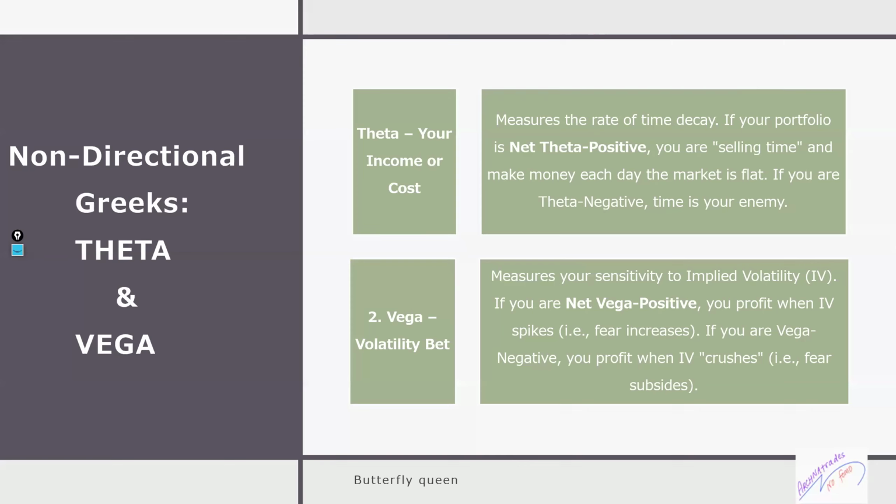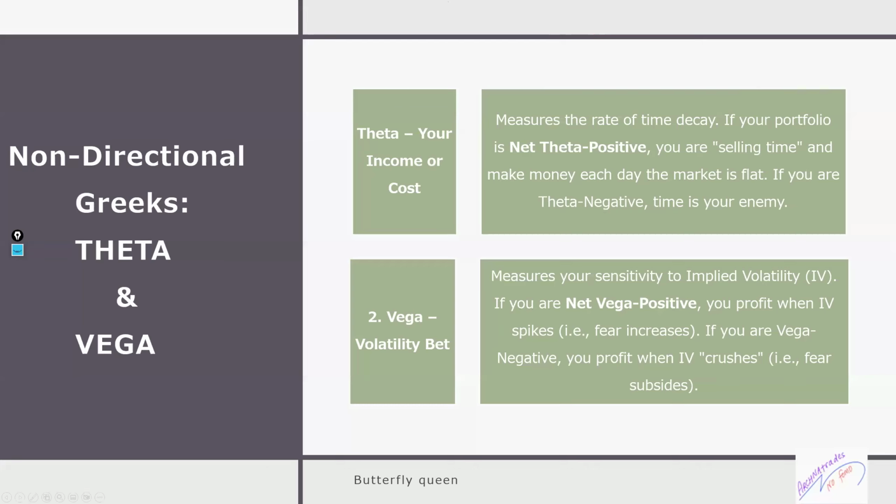You are making money with each passing day that the market is flat or is not going against you. If you are theta negative, time is your enemy, in the sense you have to be right, and you have to be right now.